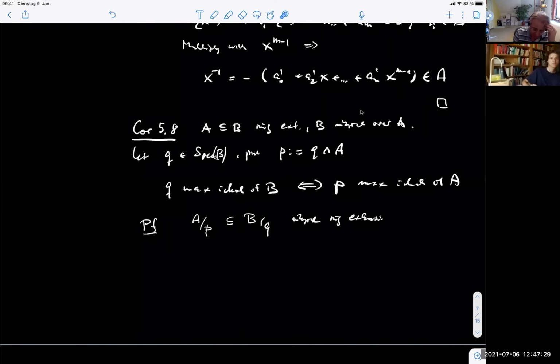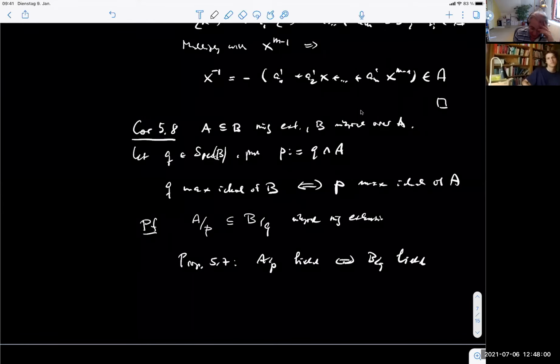But then, what do I know? Q is a maximal ideal if and only if this is a field. But I know by proposition 5.7 that this is a field if and only if this is a field.